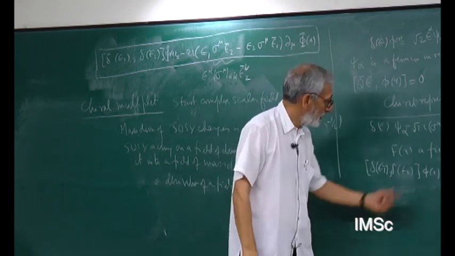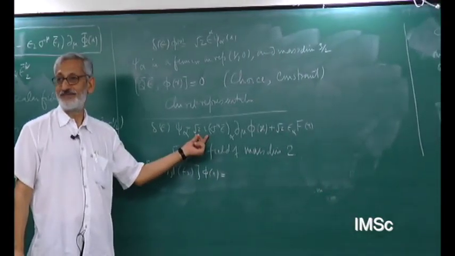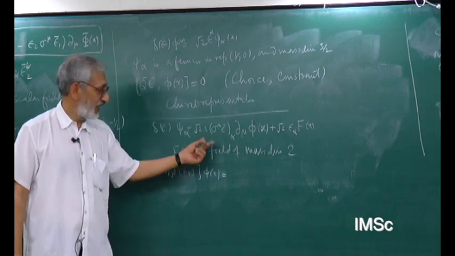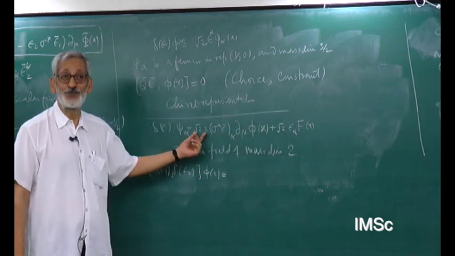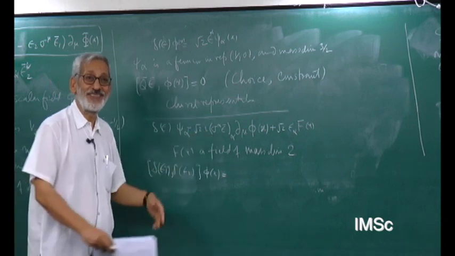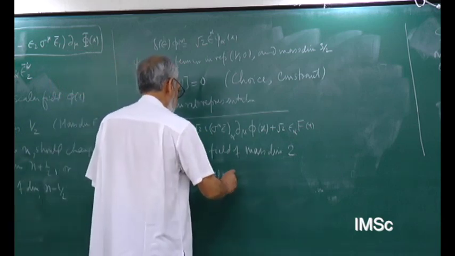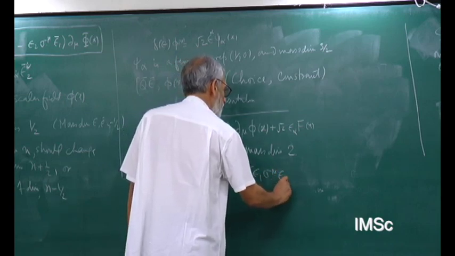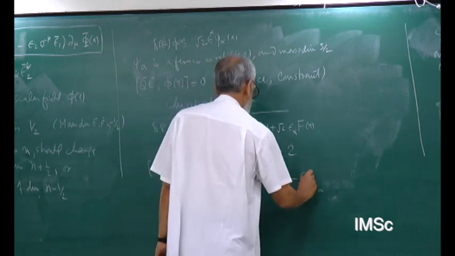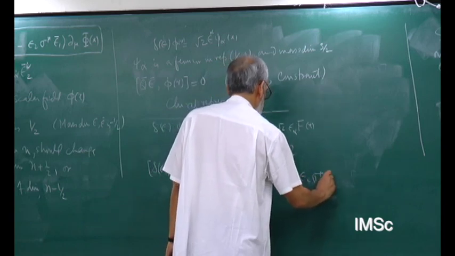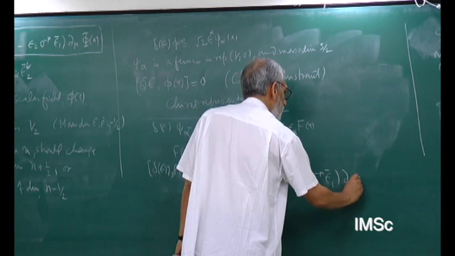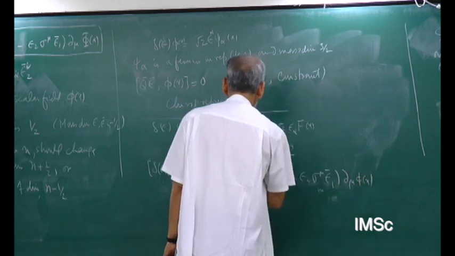If you do that, that fixes this coefficient the way we have written it. F disappears. So minus twice epsilon 1 sigma mu epsilon 2 bar minus epsilon 2 sigma mu epsilon 1 bar times d mu phi of x, and i here.